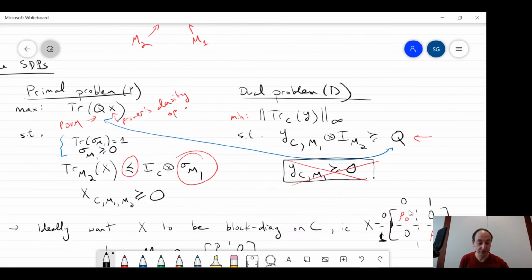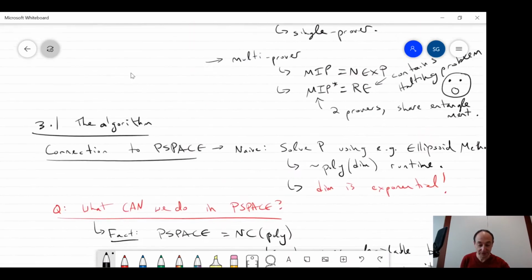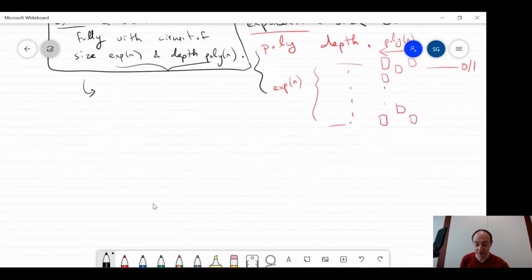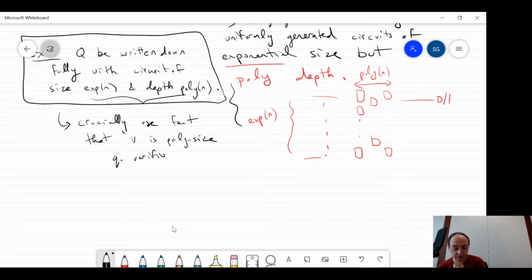Okay, so the reason why this works, and again, if you didn't follow that, that's of course completely fine, I encourage you to stop the video and really think about it. This crucially uses the fact that the verifier is a poly size quantum verifier, or quantum circuit, essentially.